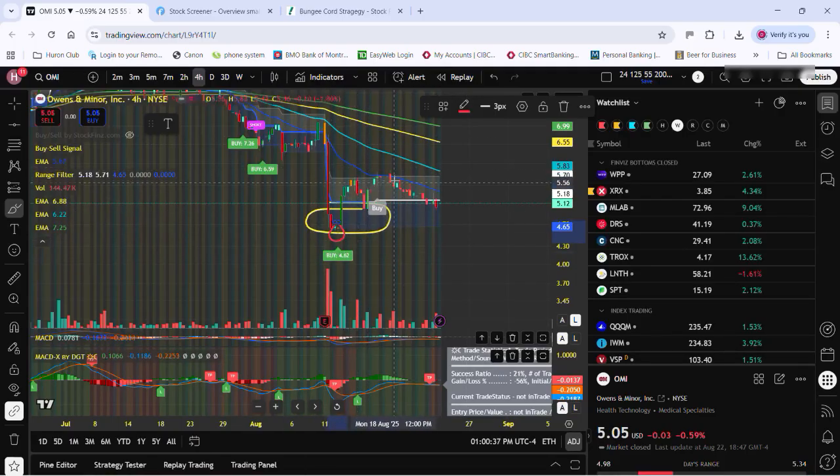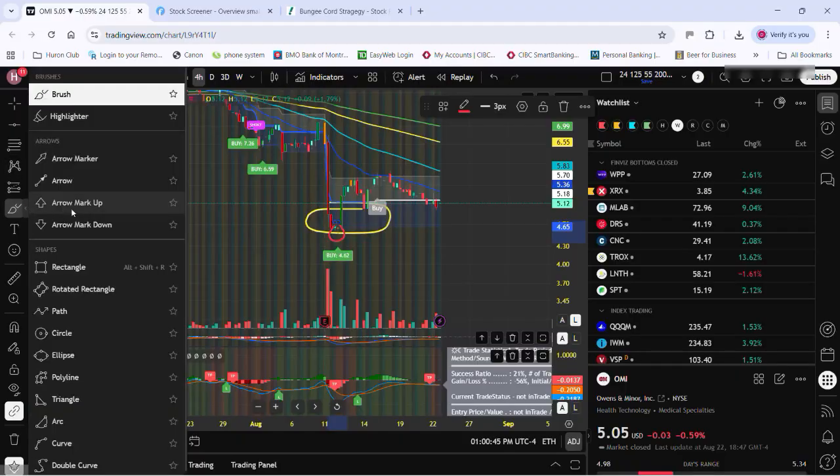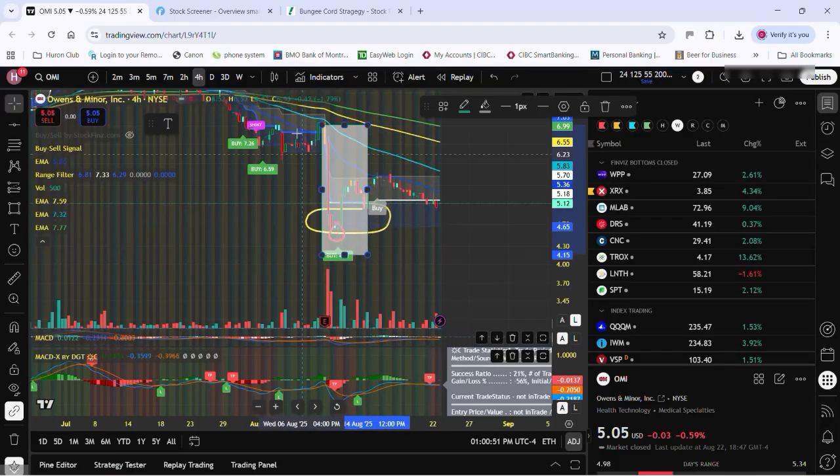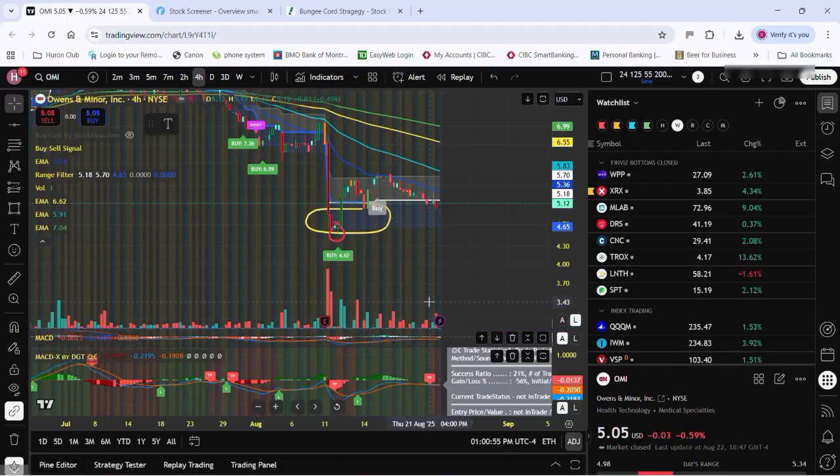So this is the movement we're looking for, and that's what we're going to look for in all of our trades: hard down, back up. So we did miss this one, but you can see what would have happened. We would have gone in at 462 and gotten out somewhere around 564, a 20% gain.